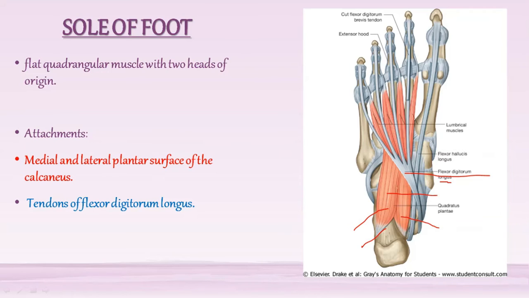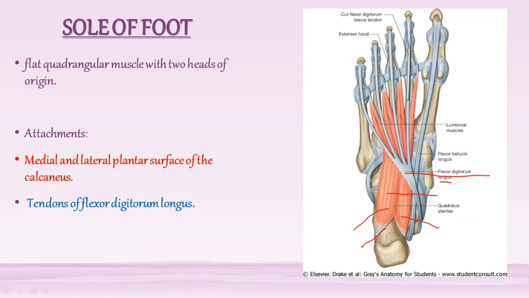The attachment of both these two muscles, that is quadratus plantae and the lumbricals, is in relation with this tendon. This quadratus plantae arises from the calcaneus but inserts on the tendon of the flexor digitorum longus. So this muscle has two heads. The medial head arises from the medial plantar surface of calcaneus and the lateral head arises from the lateral plantar surface of calcaneus.